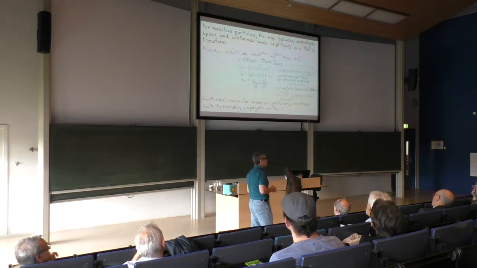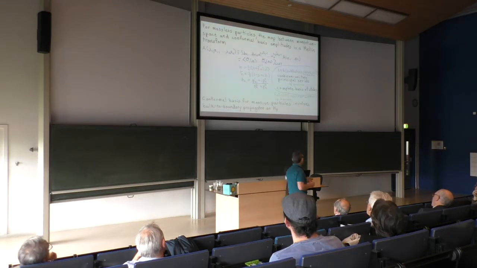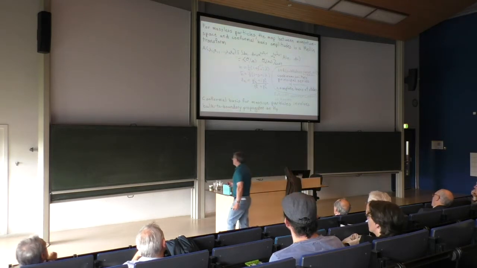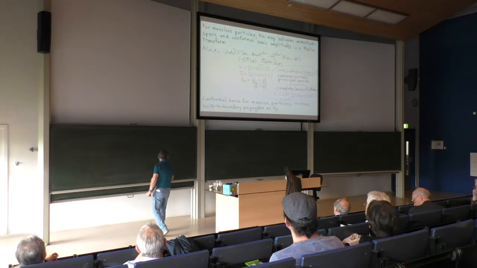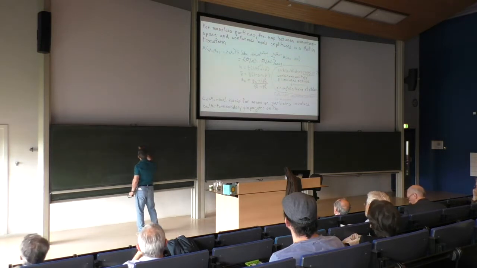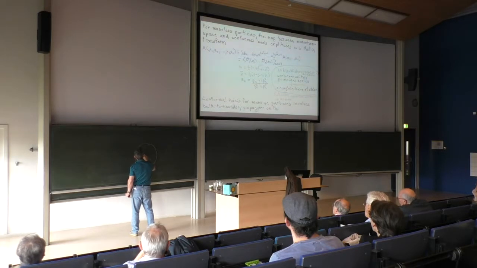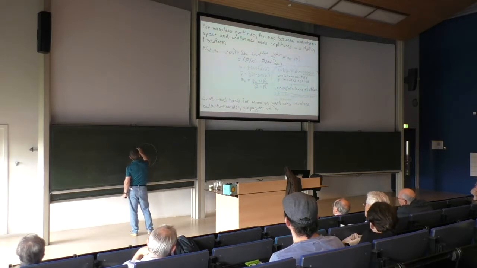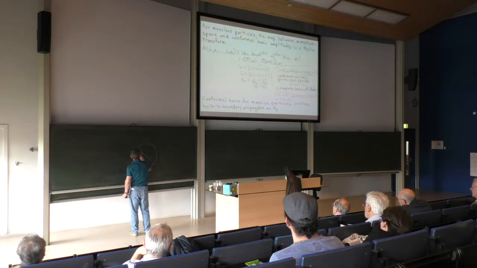So what are the conformal weights of something? If you have something which is, so here we have a momentum P. It goes towards a point Z in the sphere, and then we have a boost, let me call it B, which heads towards that point.